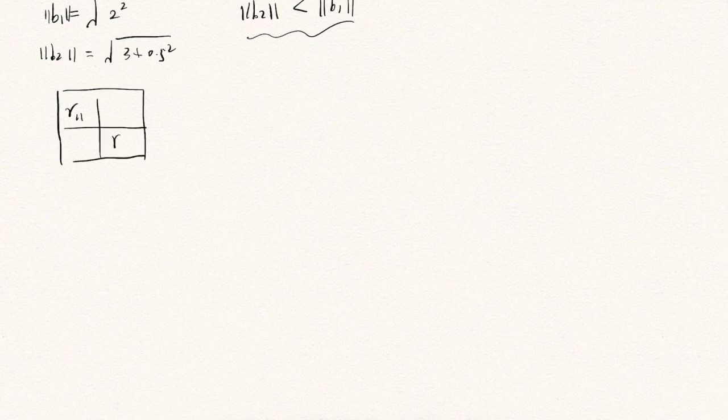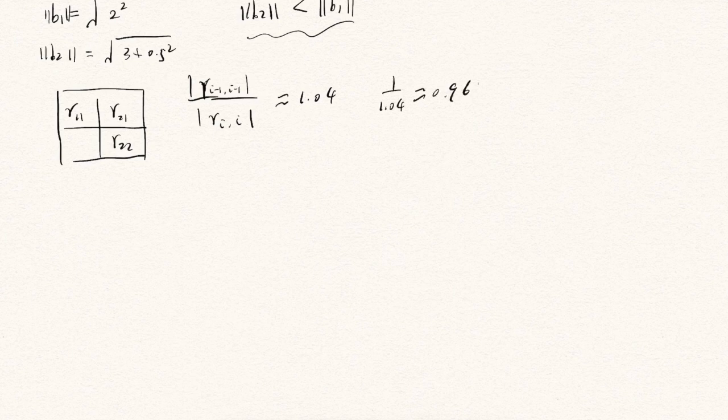Again, let's see, R11, R22, R21. Because we know, in expectation, R minus 1, RII is roughly 1.04 based on experiments. And this is roughly 0.91 something, okay?